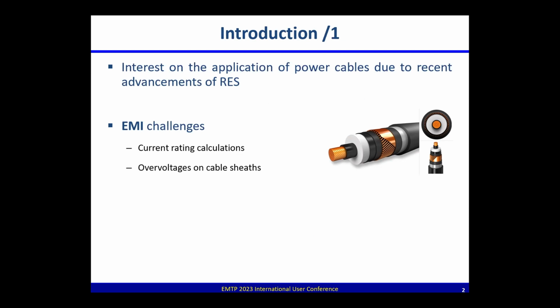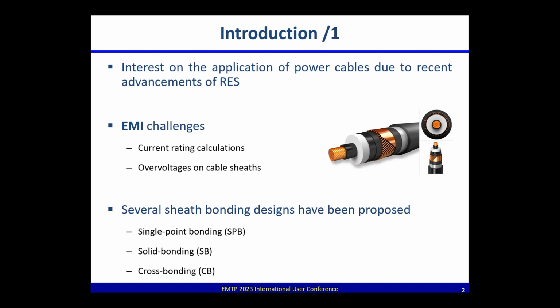We are interested in current rating calculations, of course, in order to dimension these power cables. And one more thing is the overvoltage that might arise on cable sheaths, also in bonding leads and in joints that connect different cables between.